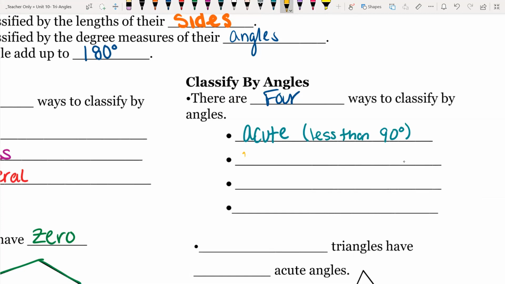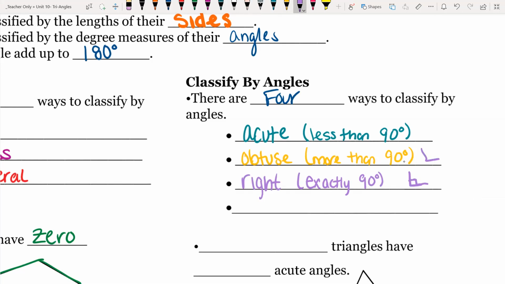There's an obtuse angle, which is more than 90 degrees. There's a right angle, which is exactly 90 degrees. So that kind of looks like this, and it's normally marked with a little angle.